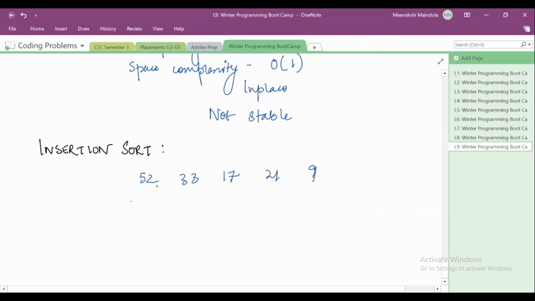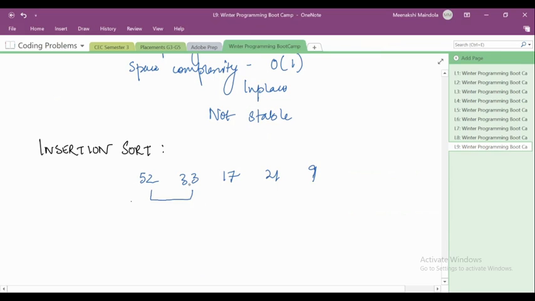Let us say that you are going to pick up two elements. What happens in insertion sort is that you pick up two elements and compare them. If you do not really know how insertion sort works, here is something you should pay attention to.